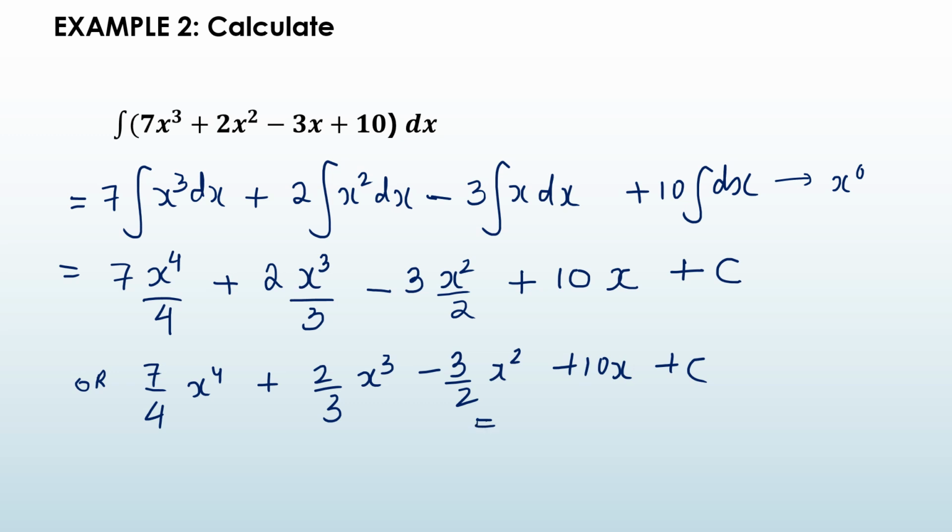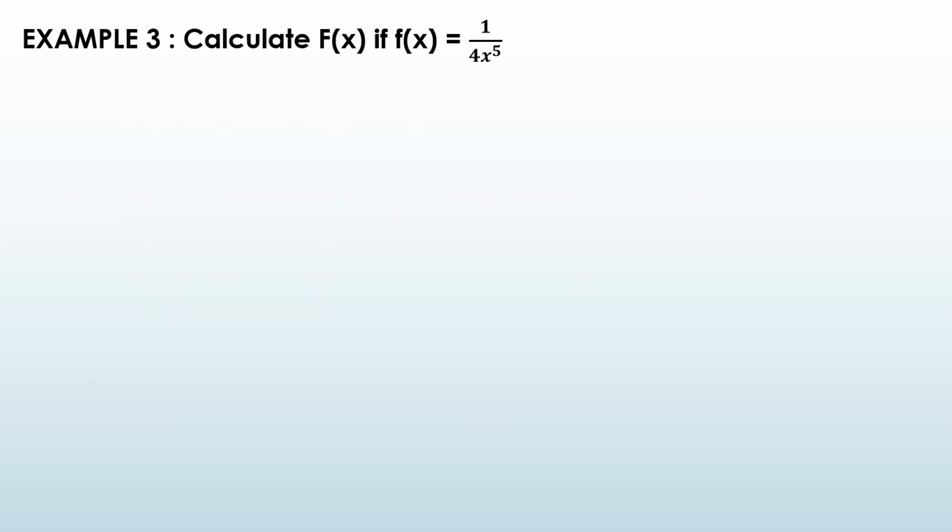Okay, and our last example. So this looks tricky, but it is not. It's really easy. So I can rewrite the function as 1 over 4, and then I'm going to bring the x to the power 5 to the numerator, and so therefore x has a negative sign.